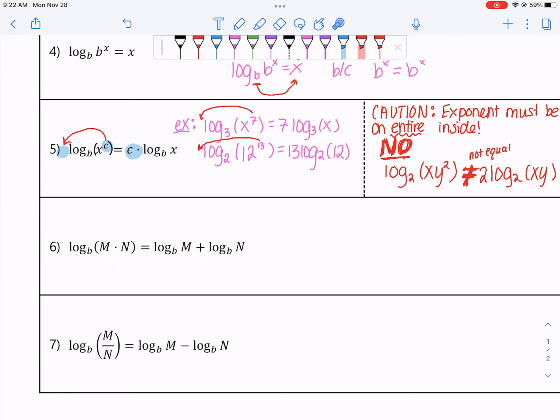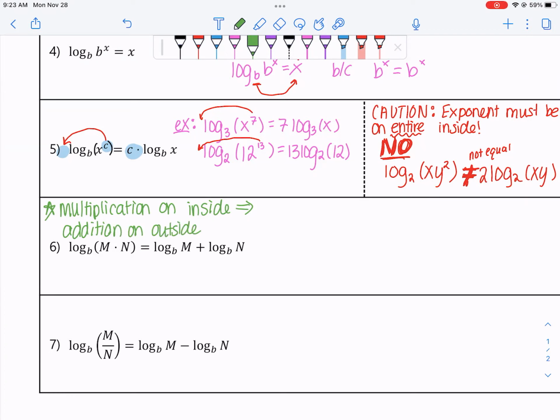So the way I like to say it is multiplication on the inside turns to addition on the outside.